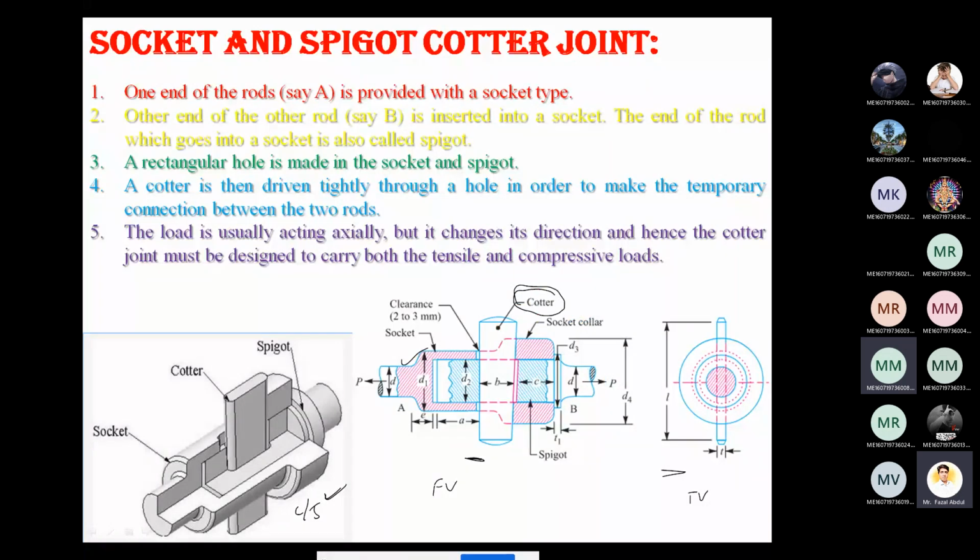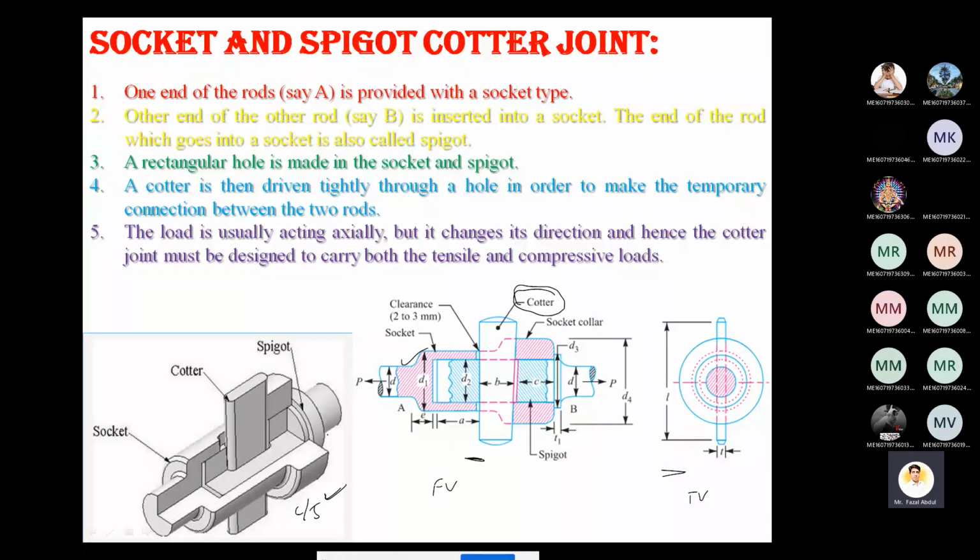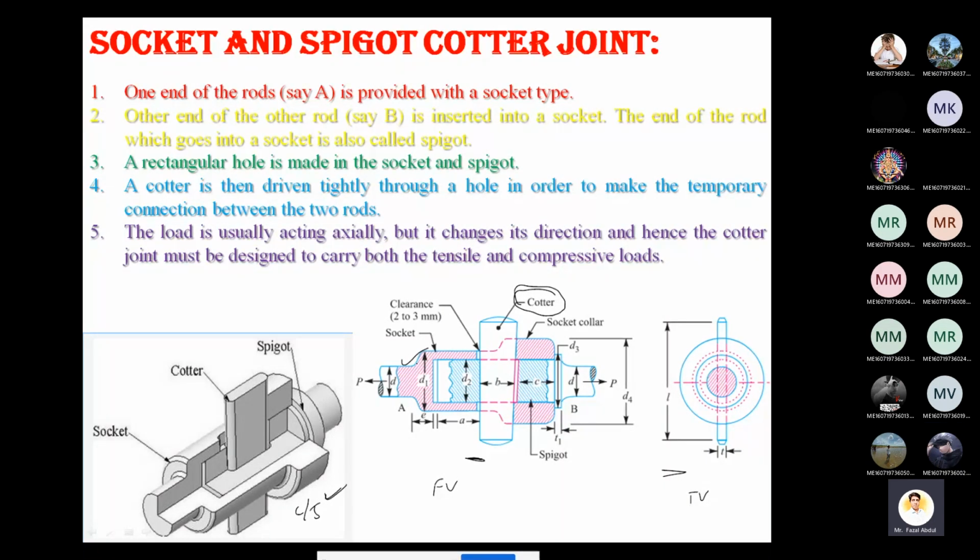So socket and spigot cotter joint: here socket means a hollow portion, and spigot means a continuous solid rod. Both are inserted. You can see the cross sectional view.